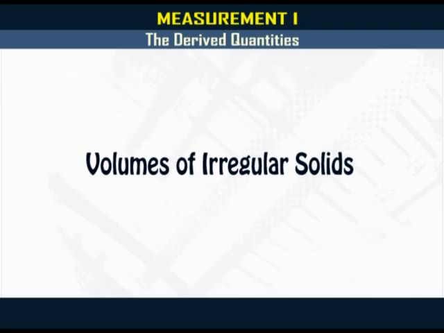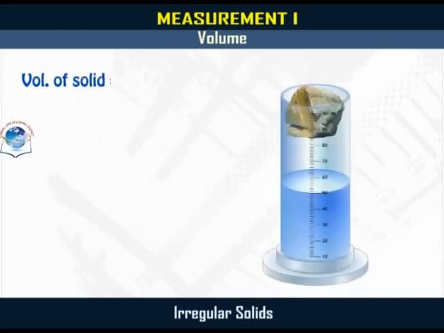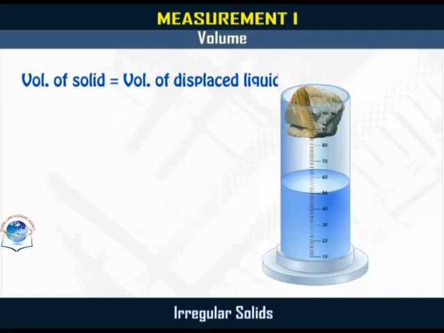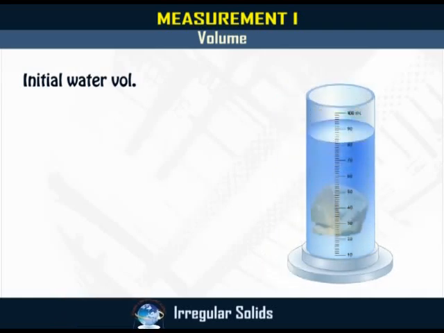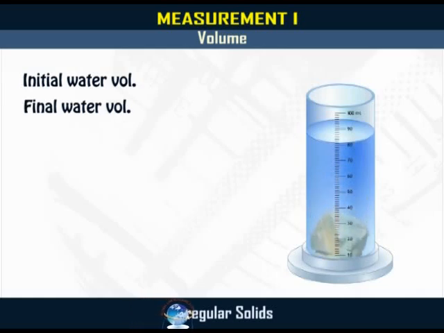Now let's talk about volumes of irregular solids. To measure the volume of an irregularly shaped object, such as a rock, we measure the volume of the liquid the solid displaces when submerged. So note the initial volume of water in a graduated cylinder. Submerge the irregular object and note the final volume of the water.